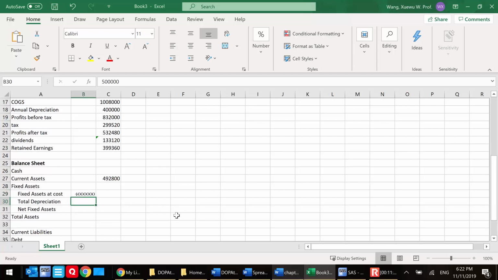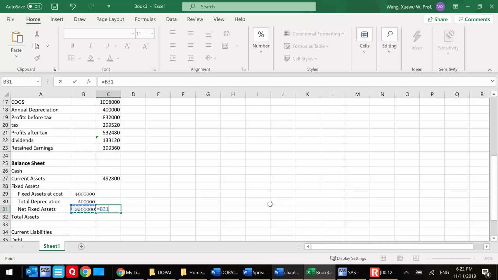Let me put the numbers back into the question. And net fixed assets is this number here, so that is the net fixed assets for year 0. Now I'm going to look at net fixed assets. Here, net fixed assets is based on the growth rate. It's not based on the percentage of the sales.